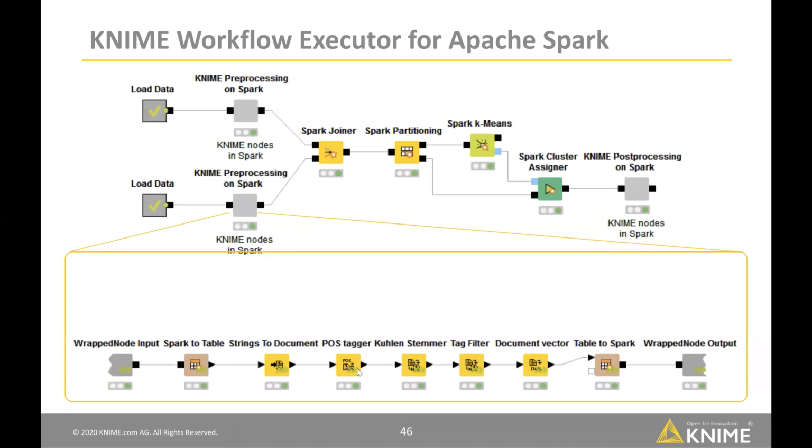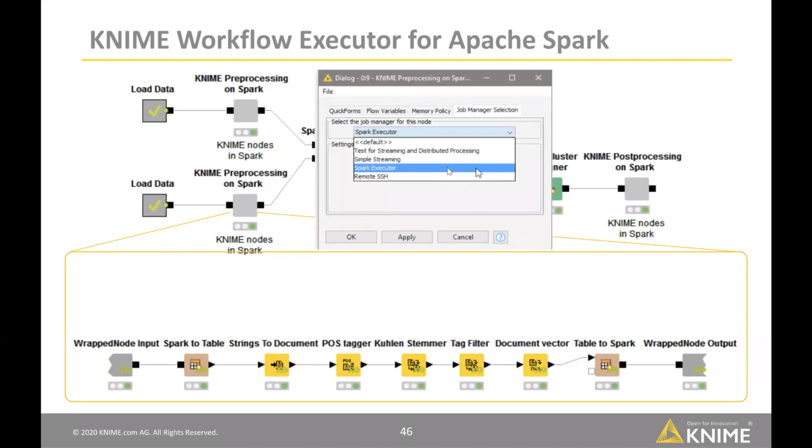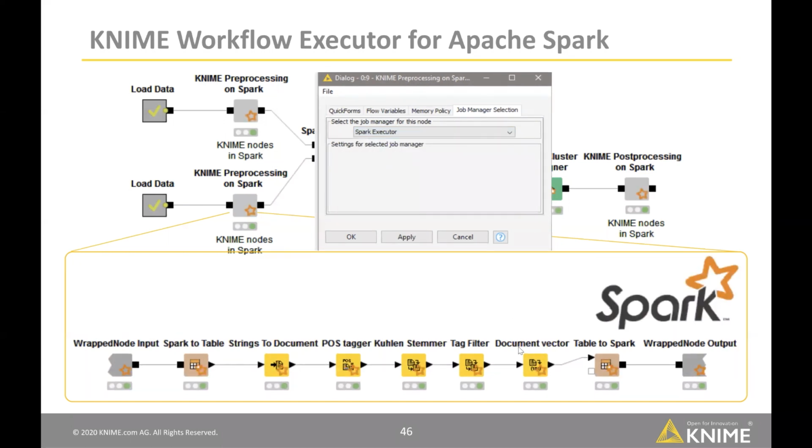This set of nodes here are text mining nodes: stemming, tag filtering, document vector computation, and so on. What the extension offers is that you can switch the executor on that component, and then this little component workflow will run on Spark.